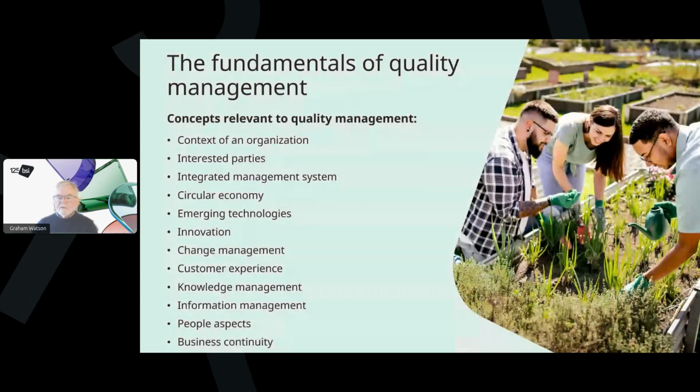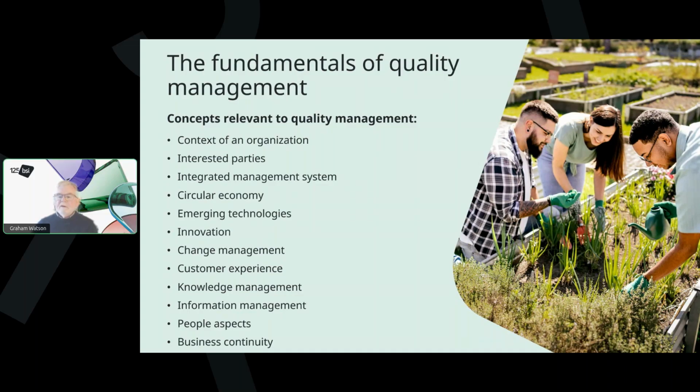This group is what we call concepts relevant to quality management. At first look, you might say, well, they're not specifically applicable to quality management, but increasingly they have become essential contributors to an effective quality management system.